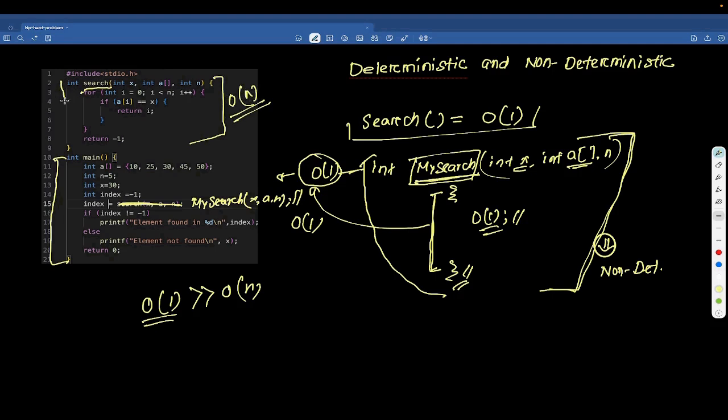So in the previous function, this is called a deterministic algorithm, or deterministic procedure. This is deterministic when we use the standard search approach, and this same algorithm is non-deterministic when we use a different algorithm whose execution is not sure at this point of time. So that is considered a non-deterministic algorithm.